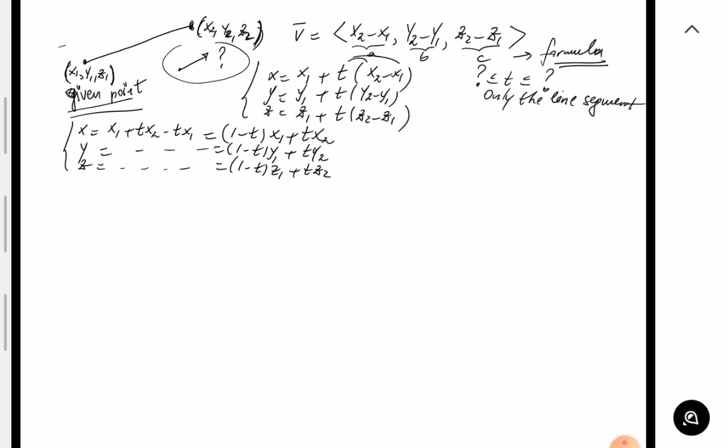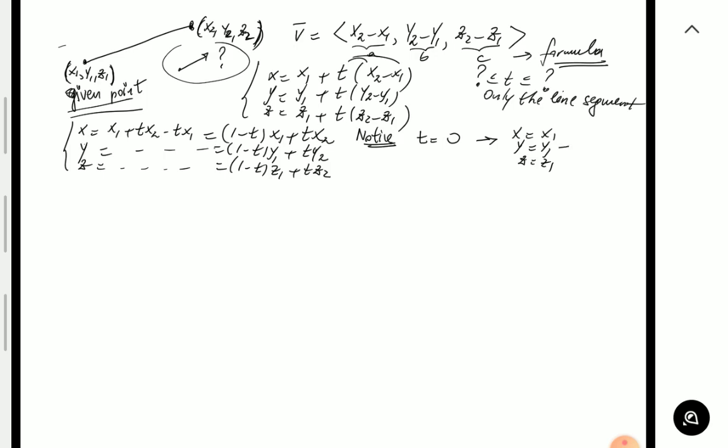So if you look carefully, notice that if t is replaced by 0, I get precisely, in these parametric forms, x equals x1, y equals y1, z equals z1.